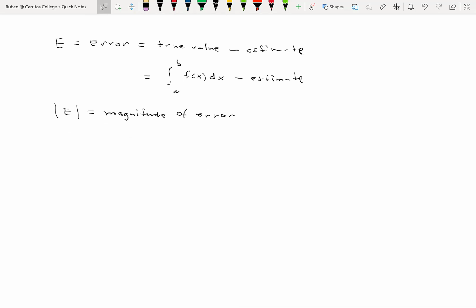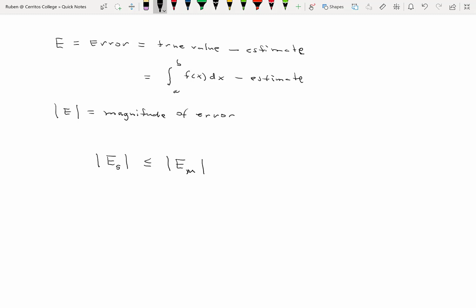Okay, so I'd like to list the magnitudes of error for the three methods from smallest to largest. Simpson's rule is the most accurate, so the magnitude of the error using Simpson's rule is less than or equal to the magnitude of the error using the midpoint formula.